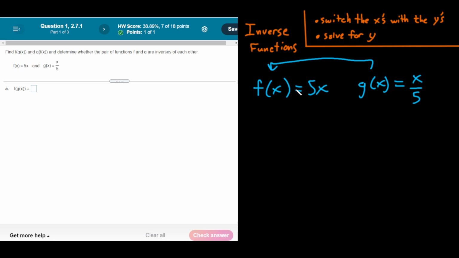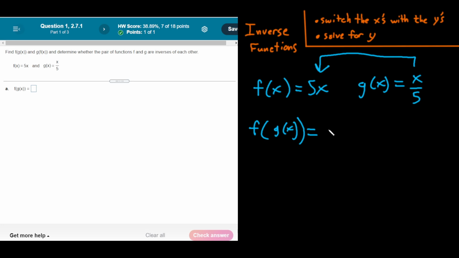So we're basically going to find f o g in this case. So what you do, we're trying to find f of g of x, right? So this right here has to go in here. So I'm going to write a 5. And when I write that 5, I'm going to leave a parentheses where the x is.